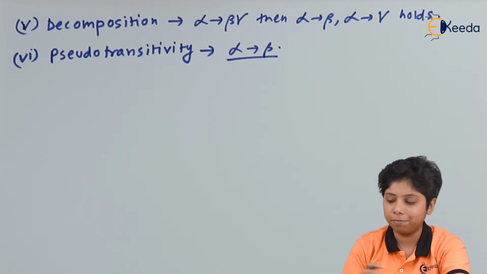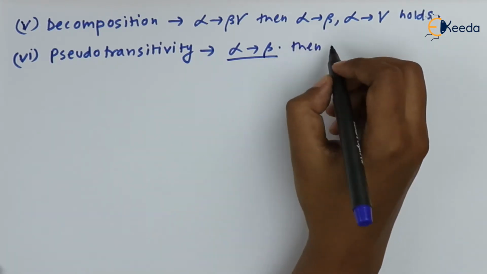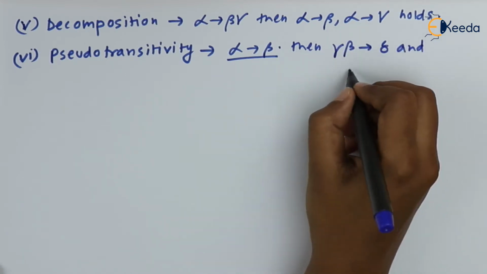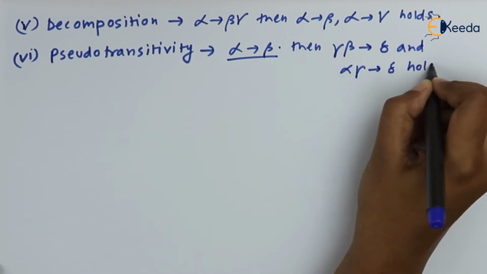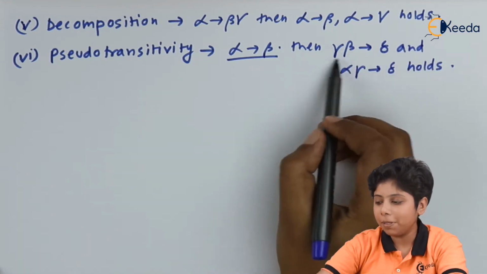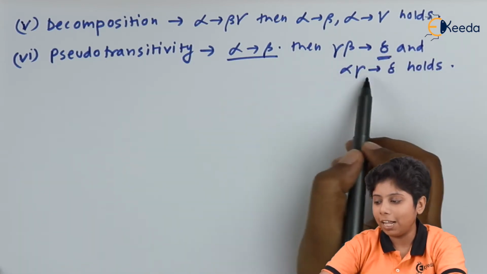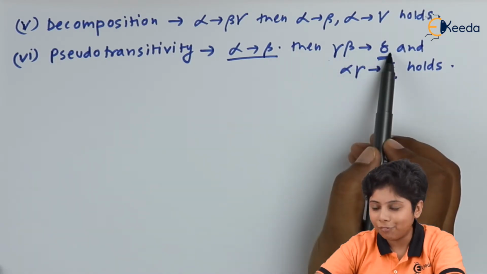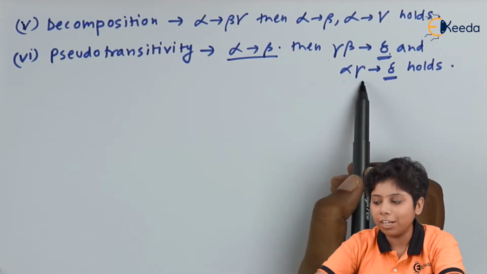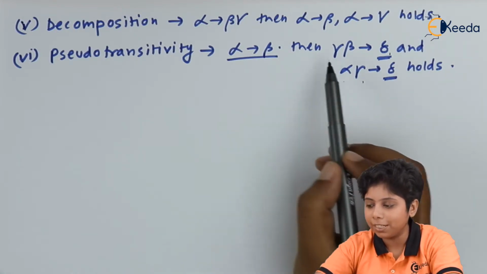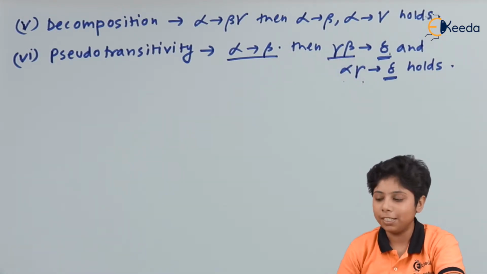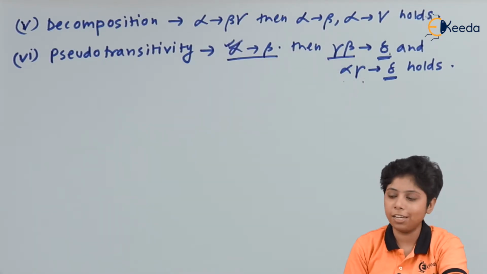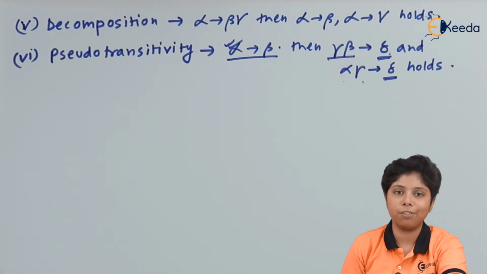So we can say gamma beta defines delta and alpha gamma defines delta. That means first alpha gamma is defining delta, and from that delta we can have gamma beta. That is why we can gain the transitivity alpha defines beta from this pseudo transitive rule.